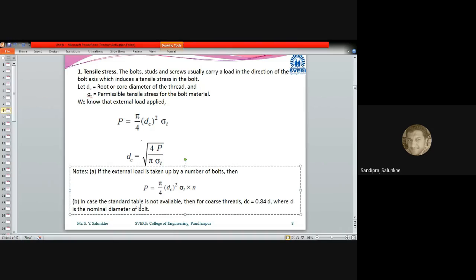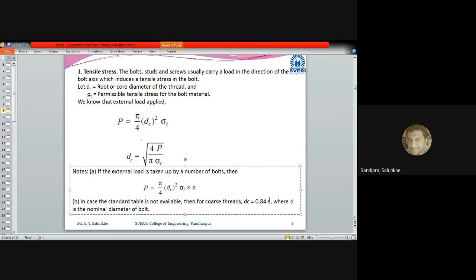Then a standard table is available for selecting the external diameter and the mean diameter of any bolt based on this core diameter. If it is not available, then the core diameter is equal to 0.84d. That is the empirical relation we can use.